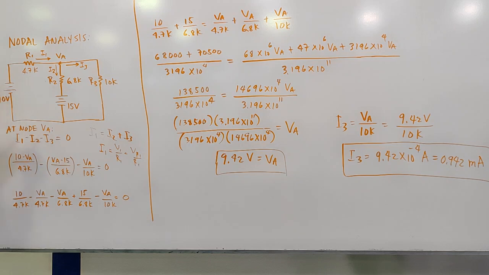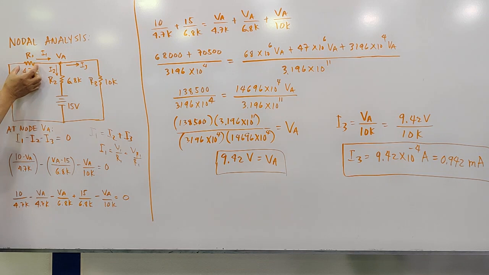But since this circuit is different, be careful: what is the real VR1? Now look, a very short generalized thing. Why does this I1 become 10 minus VA over 4.7? Because I1 is the current flowing here.